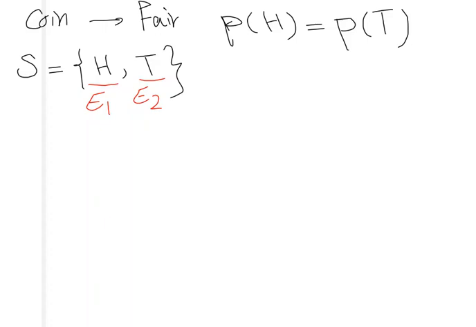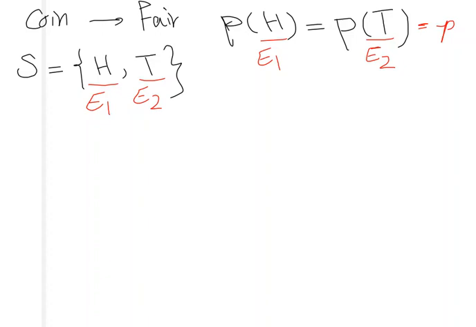When the probability of H or E1 is equal to the probability of E2, we consider this probability as, for example, small p. Now we are going to obtain p.